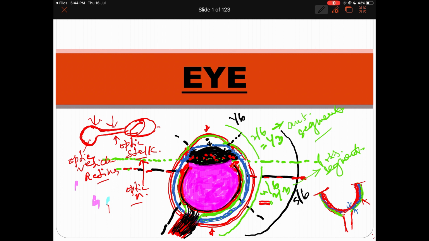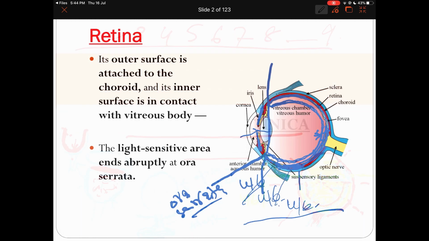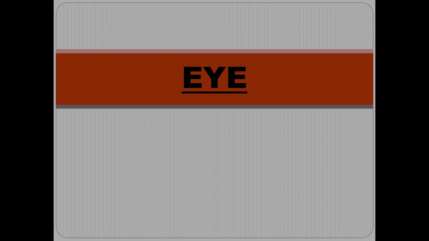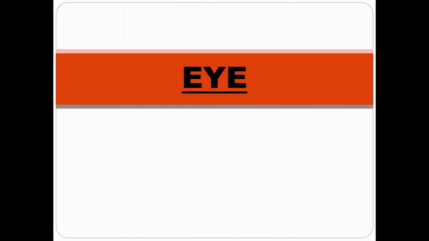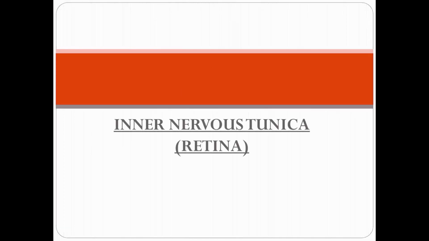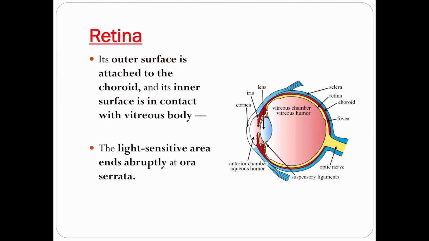Now, after this brief introduction, we are going to pick up the inner nervous tunica, the retina, which you know is occupying the posterior segment of the eyeball. You can say the posterior 4/6 of the eyeball.